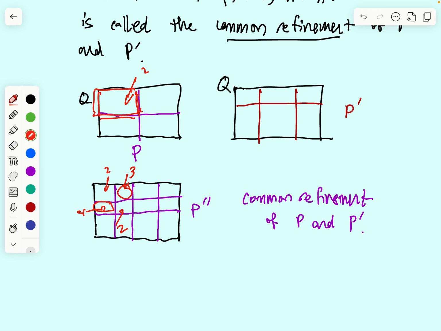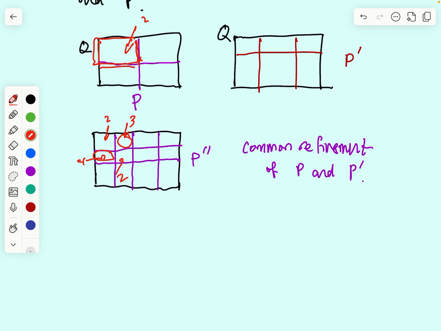And similarly, the upper sum will decrease when you pass to the common refinement, because for the upper sum you're taking the biggest value in the box.